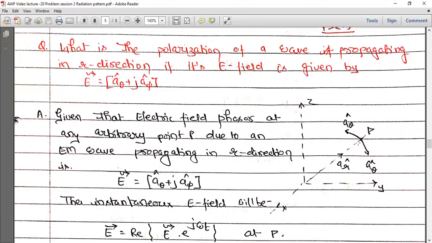Okay, so how do you find that polarization? In order to find that polarization, first of all, because the polarization is not due to the phasor, the polarization is due to the time dependent behavior. You see the different polarizations because the oscillations of electric field intensity are time dependent.